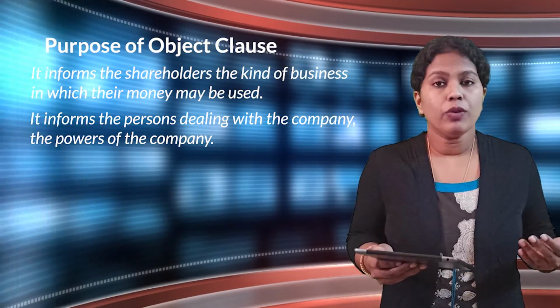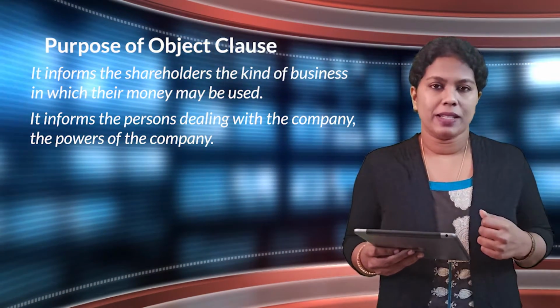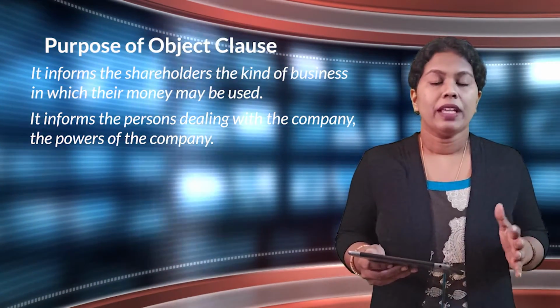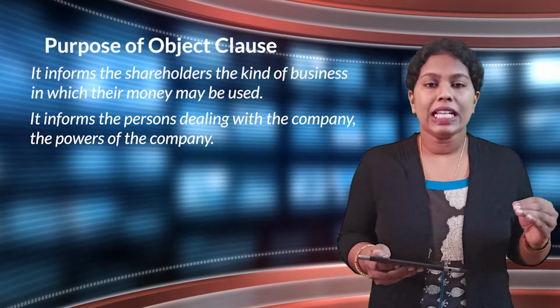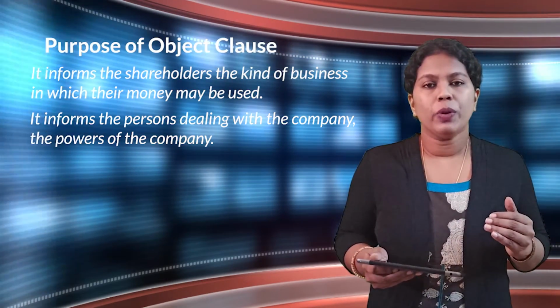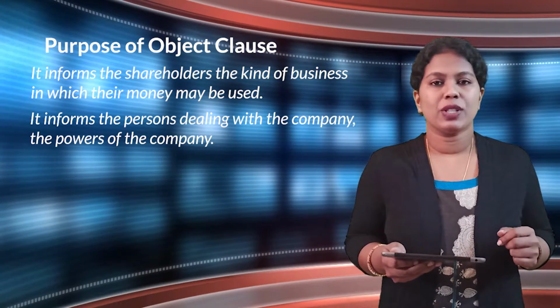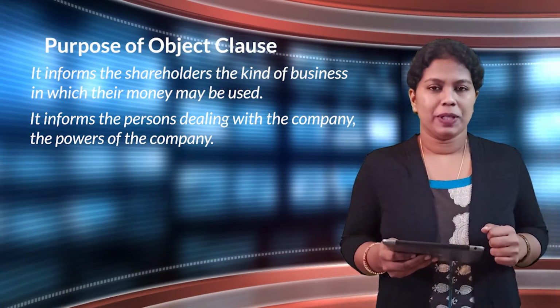If it is of sound object, they will feel a sense of security. So this object clause gives away the powers of the company. Whoever is dealing with the company will come to know the purpose as well as the powers and activities of the company. So they can contribute towards the company.